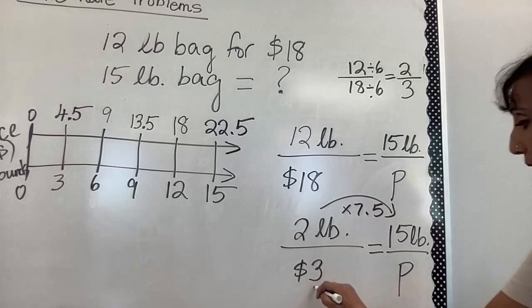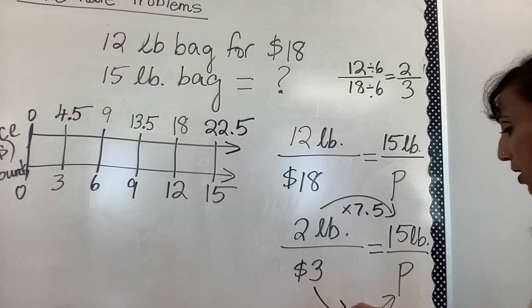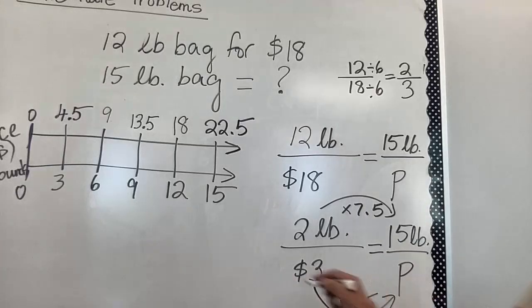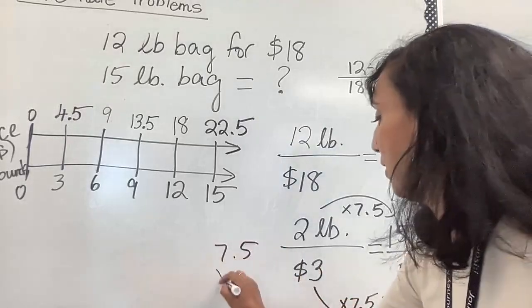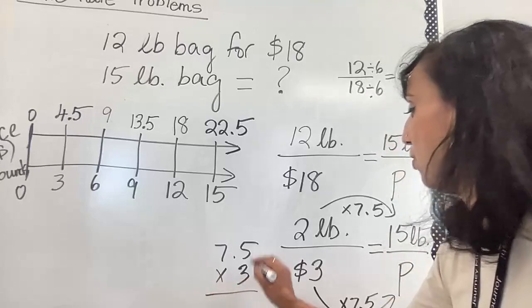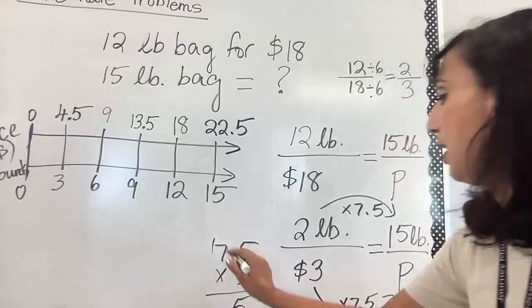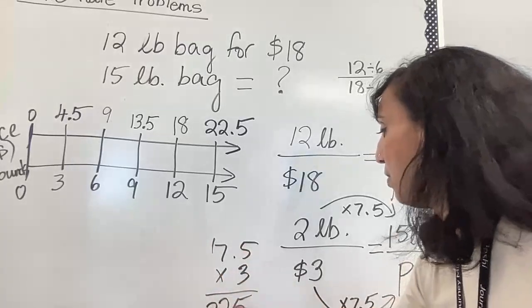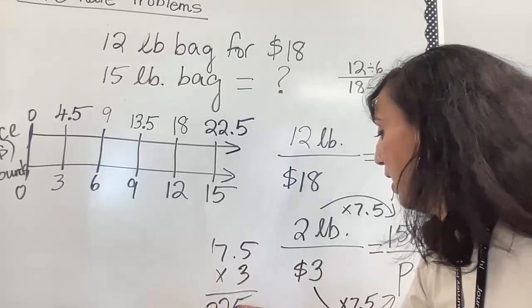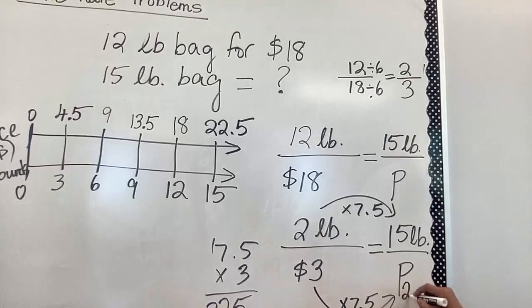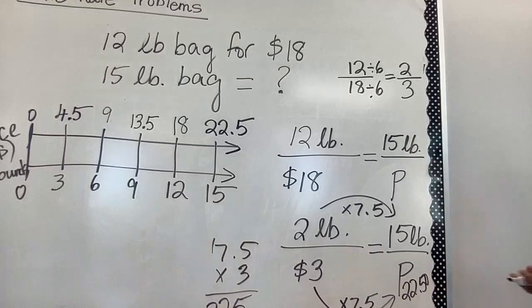And I'll have to do the same thing to the denominator, times 7 and 5/10. And I get the same answer. So 3 times 5, 15, 1. 3 times 7, 21, 22. And 1 digit, so look, same thing. And we get $22.50. So this is one way to do it.